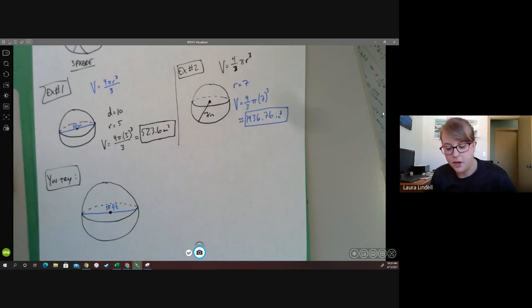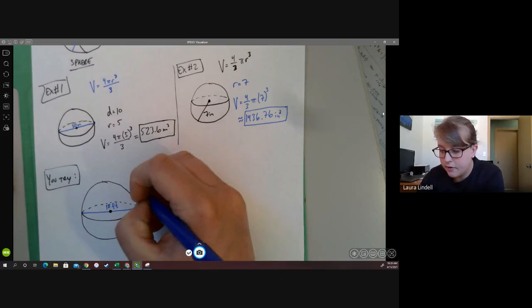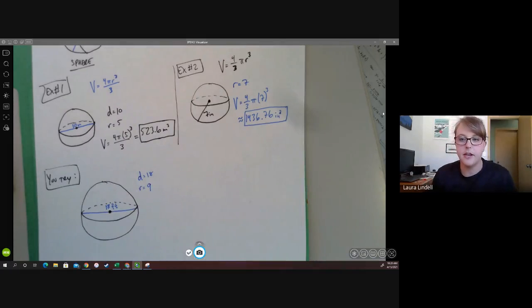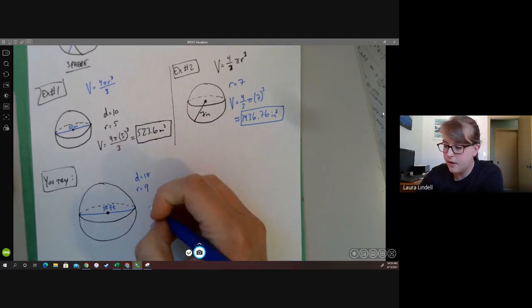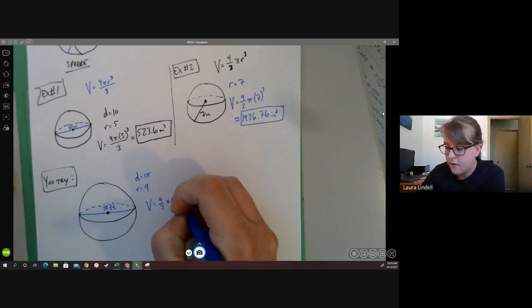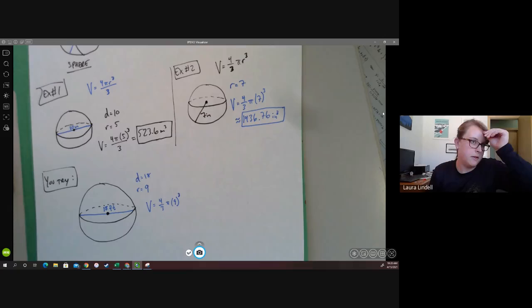All right, Caleb's already got it. If you figured out that the diameter is 18 here, so the radius is 9, you're on the right track. Lauren, Kaylee got it. Jade, awesome. So then using our volume formula, we should have 4/3 times pi times 9 cubed.